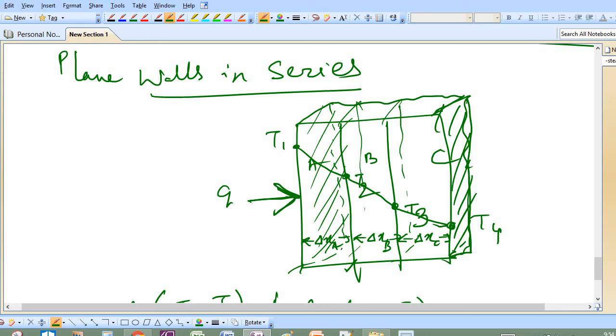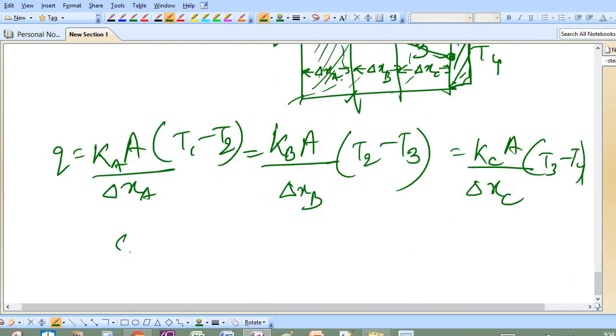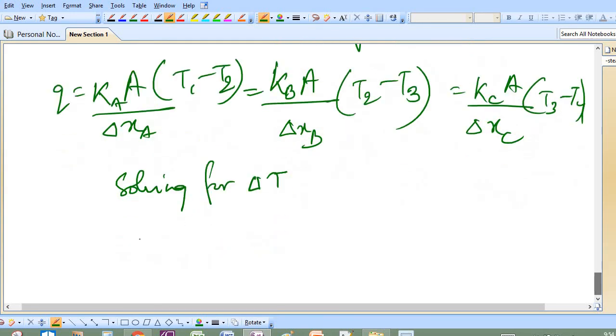Now we solve for delta T. How do we solve for delta T here?